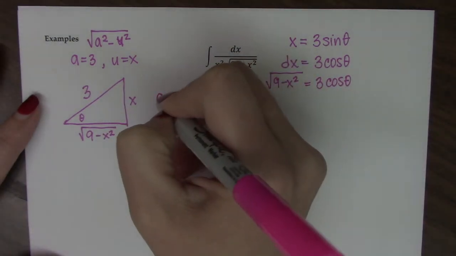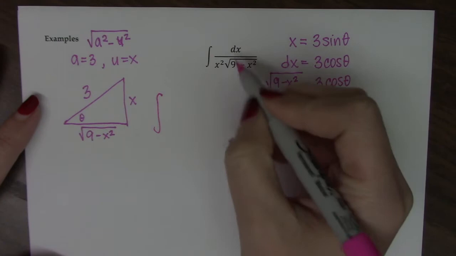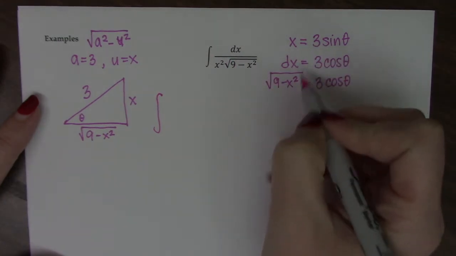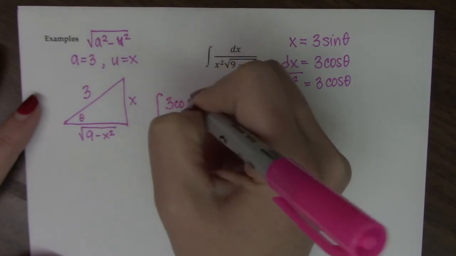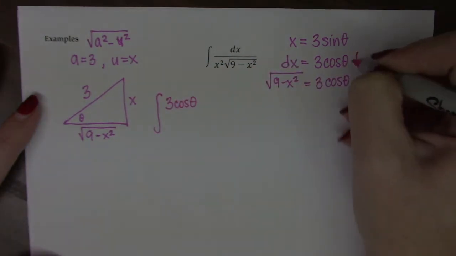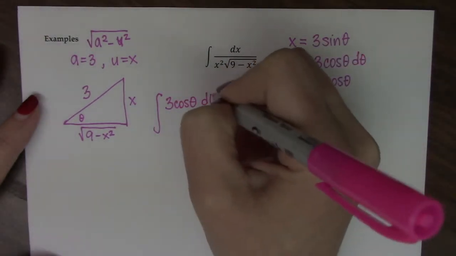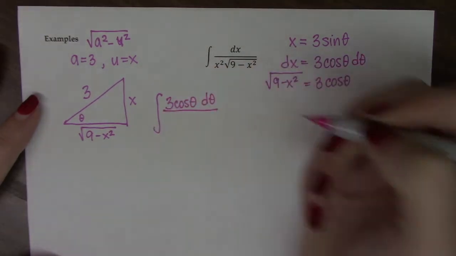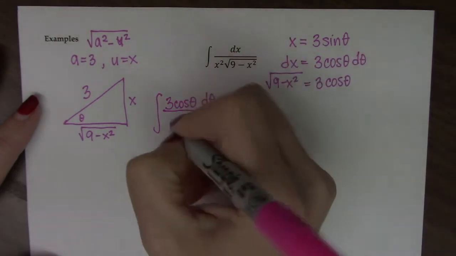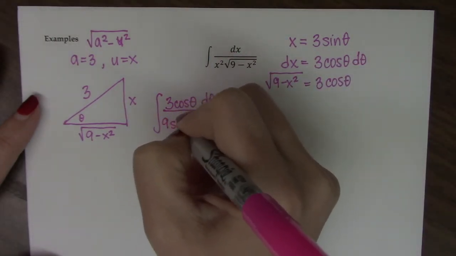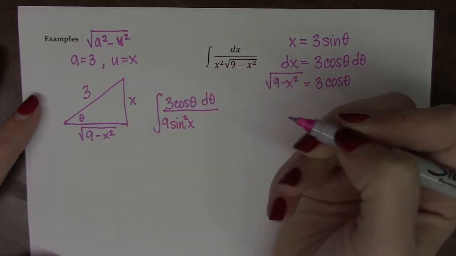So now I want to translate this integral into theta by using these 3 elements. The dx in the numerator is 3 cosine theta, and don't forget your d theta. In the denominator, we have an x squared, so I need to square this expression, so I'll plug in 9 sine squared theta.